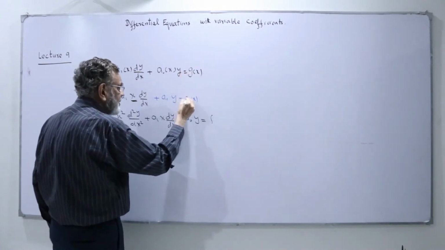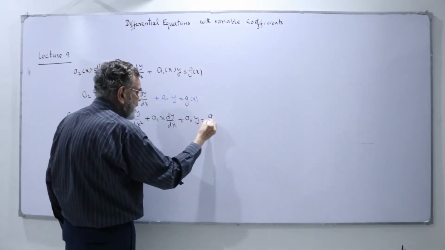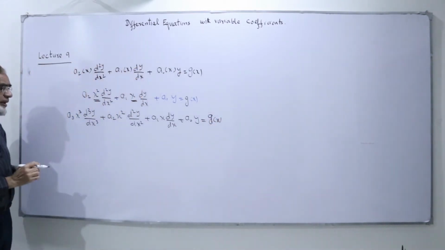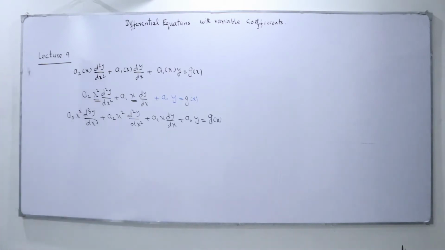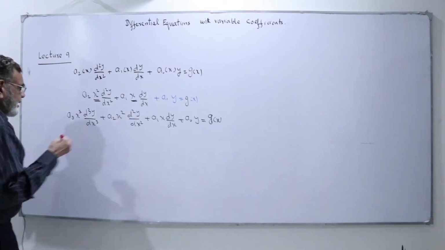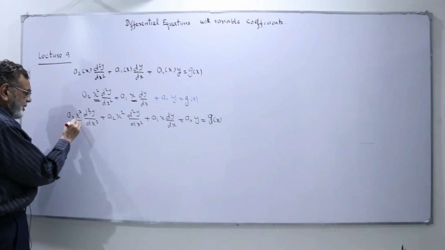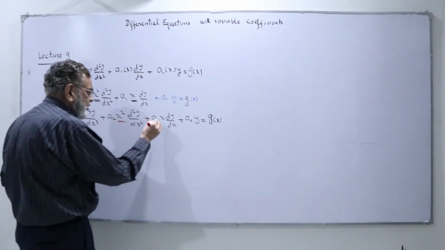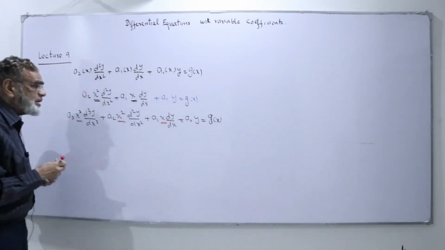I will tell you why I'm taking g of x. Again, the third order derivative is multiplied by x cube, the second derivative by x square, and the first order derivative by x. This is a very special case.